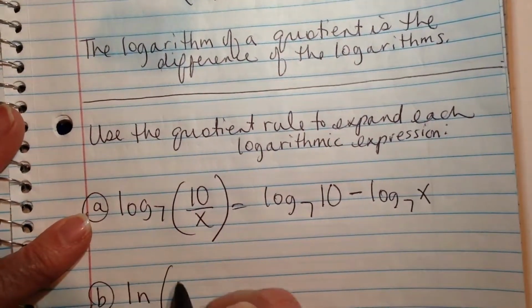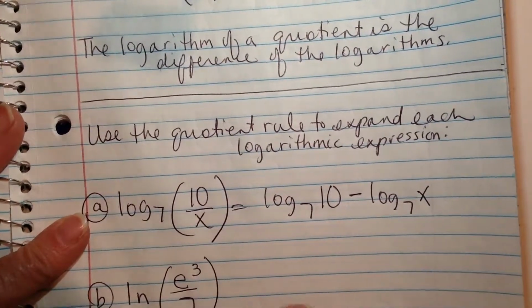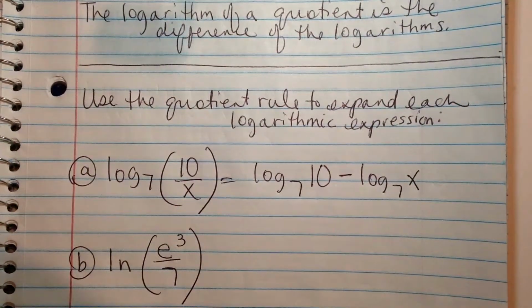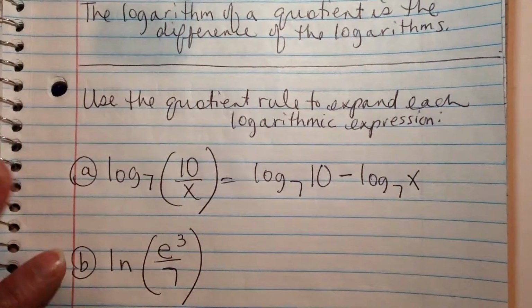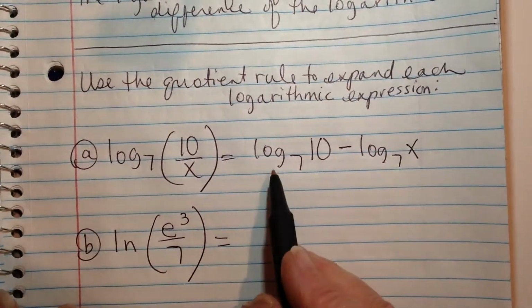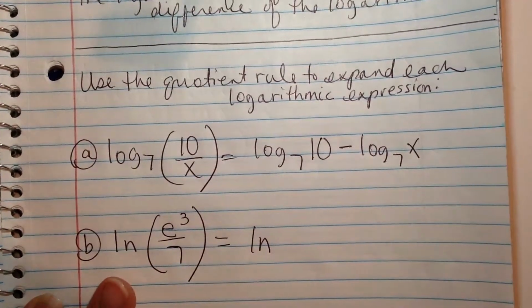ln of e to the third divided by 7. Now, we'll treat this ln just like you do the log. So let's write down ln. Now, what is my base?